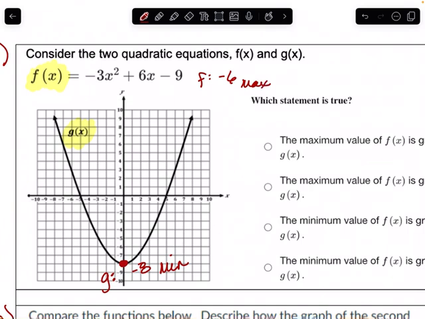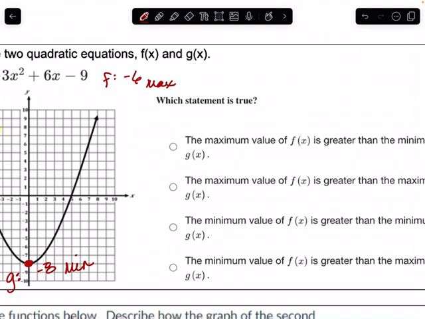Okay, so they're asking, let me close my door because of my dogs. They're asking which one is bigger or smaller. Let's just look at this really fast on a number line in case you're not sure. On a number line, if this is 0, then -1, -2, and so on. This would be -6.